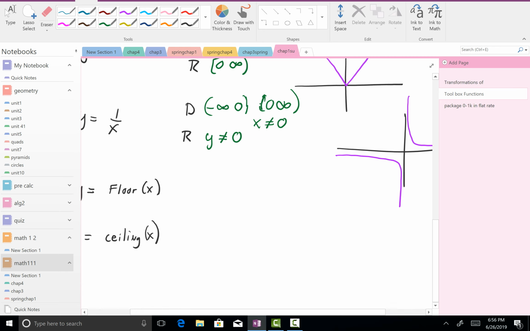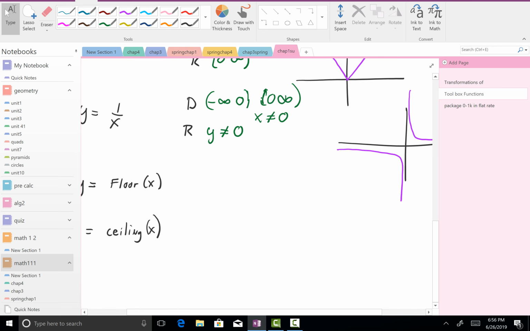Hey, we got a couple more here. Let's see what we got. Domain for floor. All reals, it's not? I got a couple heads bobbing this way. So what do we think? All reals or not all reals?